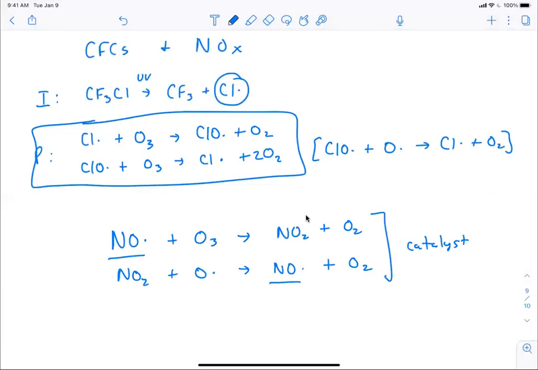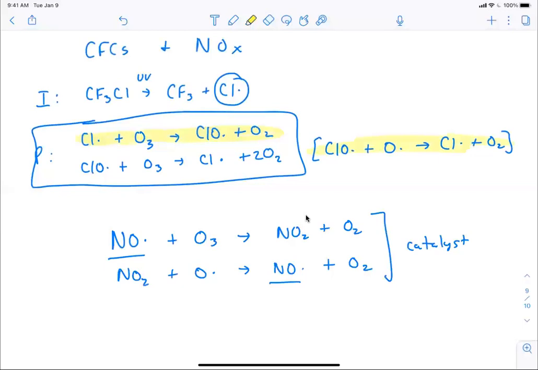Okay, so both of these actually look fairly similar. And I think if you just memorized this reaction, let me change the highlighting here. I think if you memorize this reaction and this reaction, you could literally replace the Cl free radical with NO free radical and still get the same equation.